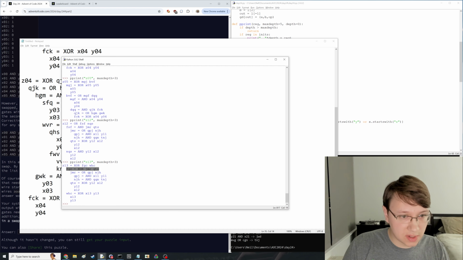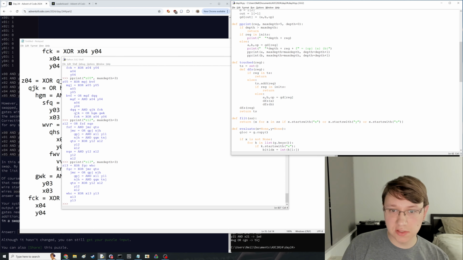Aha, this is an XOR, not an OR. I feel like this is probably equal to the output of Z12 or something. And Z12 is the carry. That would be my guess. Switch Z12 and FGC. Let's try that.